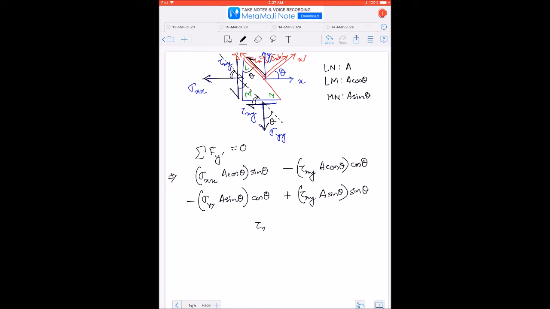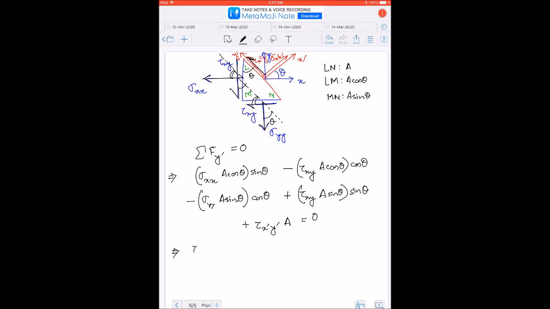So tau x dash y dash multiplied by A, which is the area of the face Ln, and since it is entirely along the y dash, we don't have to take any component, so that is equal to 0. So that is of course with a plus sign.